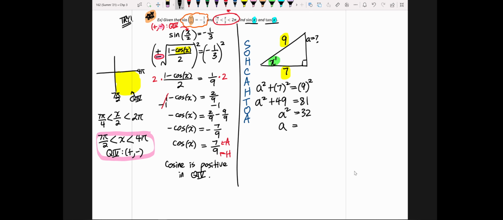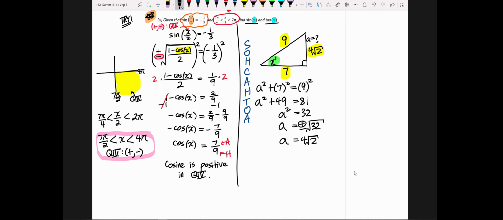A is plus or minus, but in the right triangle, all lengths are positive. So positive square root 32. And then Jacob, go ahead and simplify that. Okay, so that simplifies down to 4 square root 2. That's right, because 32 is 16 times 2. Square root of 16 is 4, and then square root of 2 stays. So the missing leg is 4 root 2.